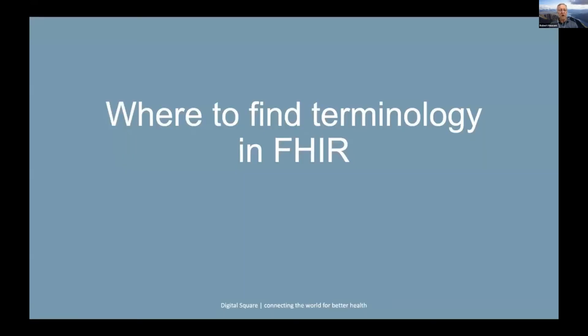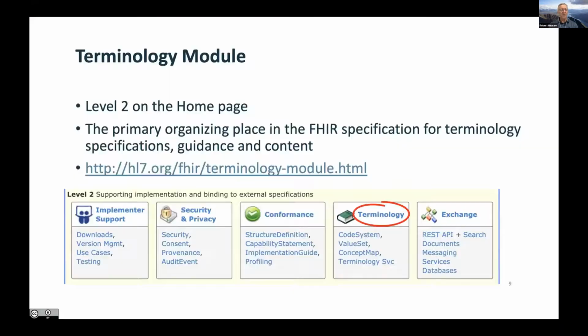So where we find terminology in FHIR, the first place to go is what shows here. This diagram, you basically have a terminology module. It's level 2 on the home page, as you see here, and it's the primary organizing place in the FHIR specification for looking at terminology details.